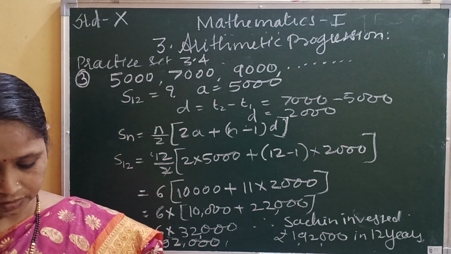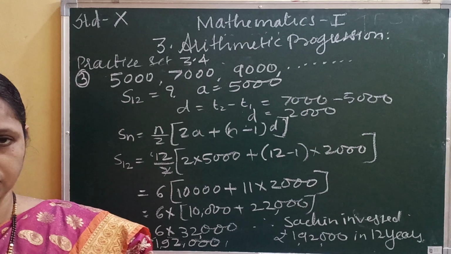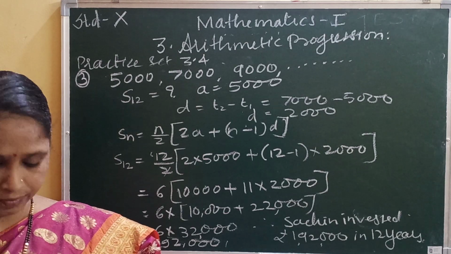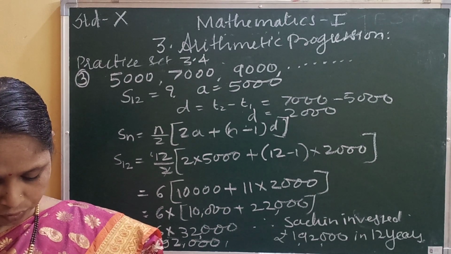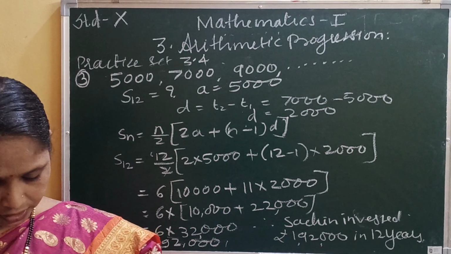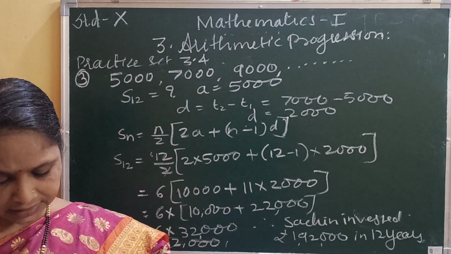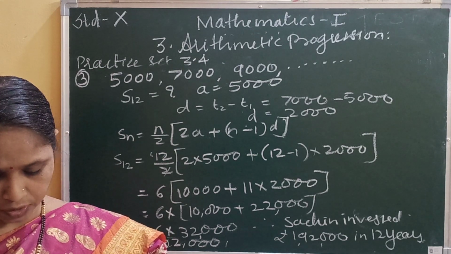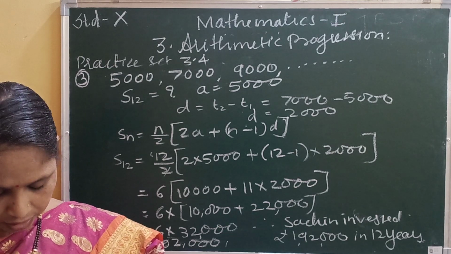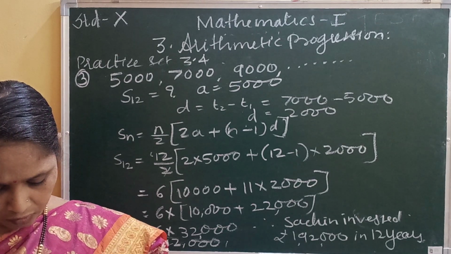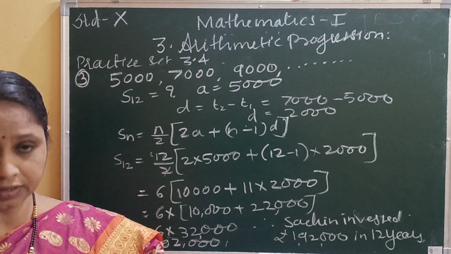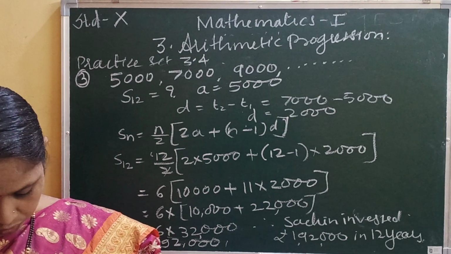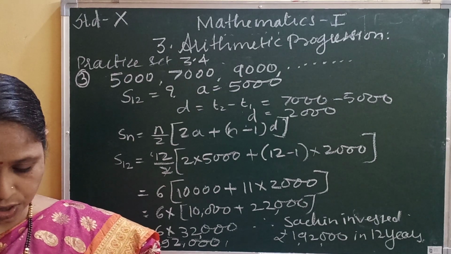Now, the fourth question we have to solve. There is an auditorium with 27 rows of seats. There are 20 seats in the first row, 22 seats in the second row, and 24 seats in the third row, and so on. Find the number of seats in the 15th row and also find how many total seats are there in the auditorium.